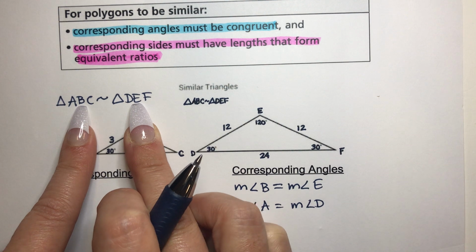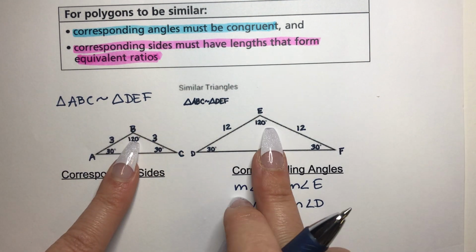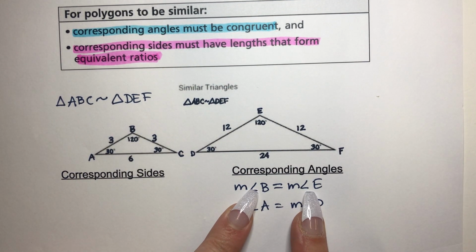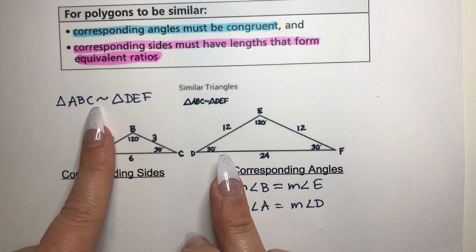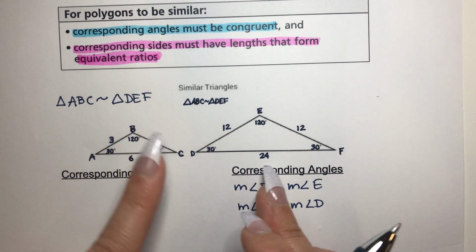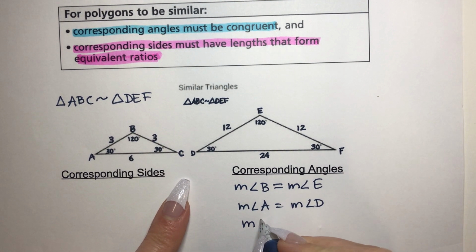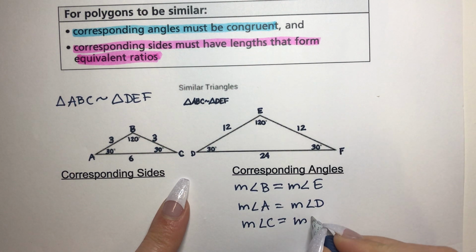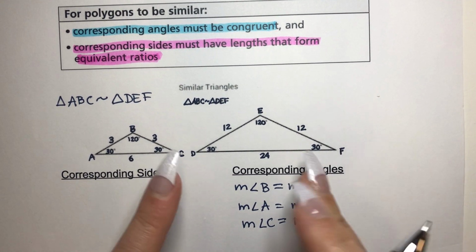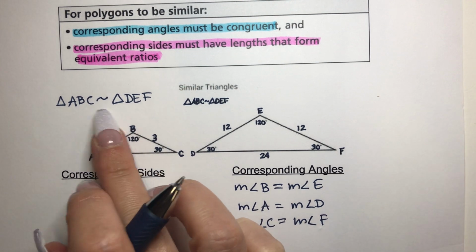B and E. Those are corresponding and they're the same, right? And then the third letter, C and F, C is 30, F is 30. Those are corresponding angles as well.